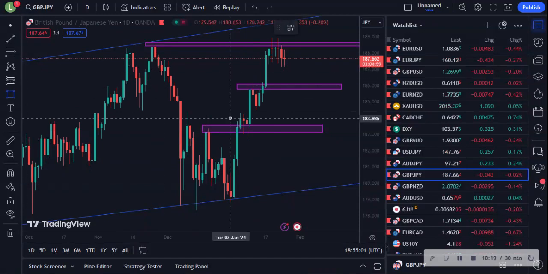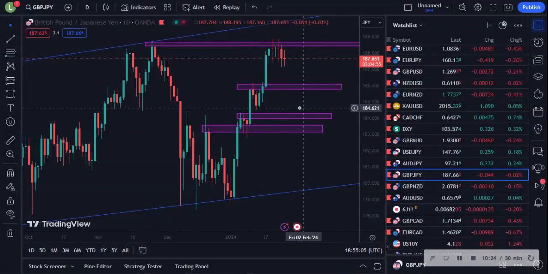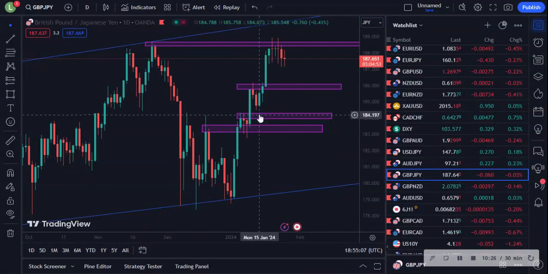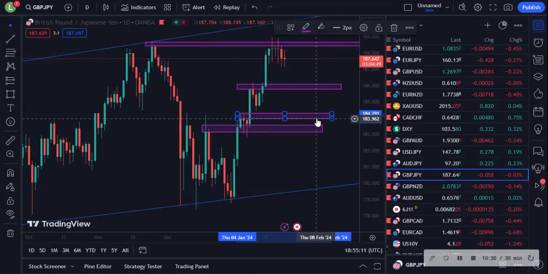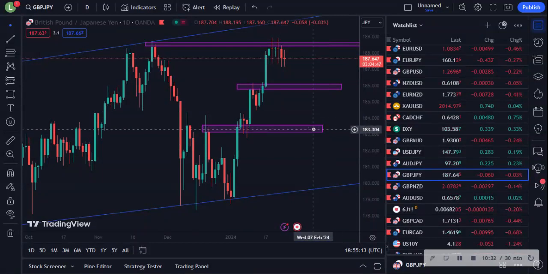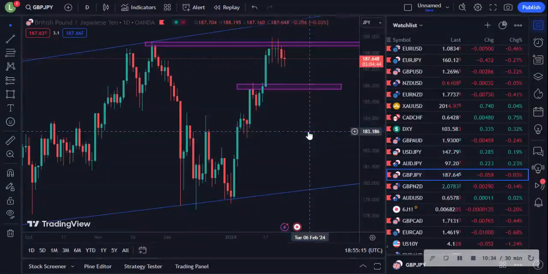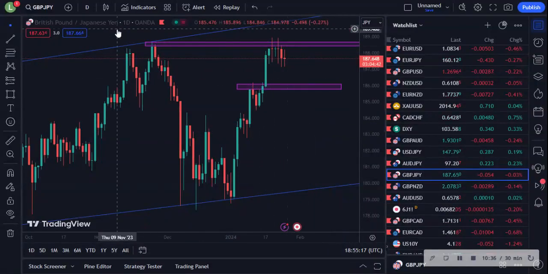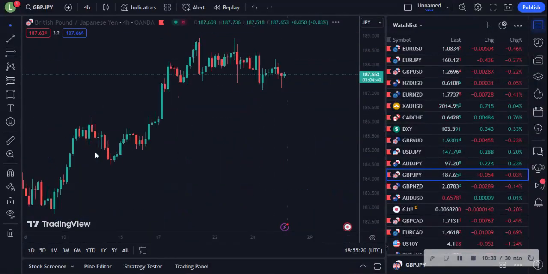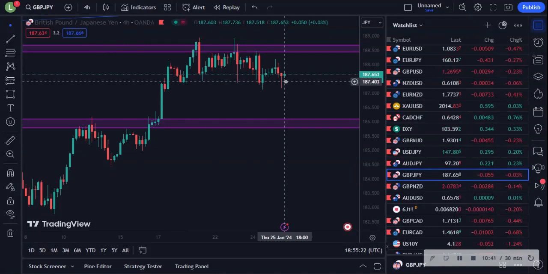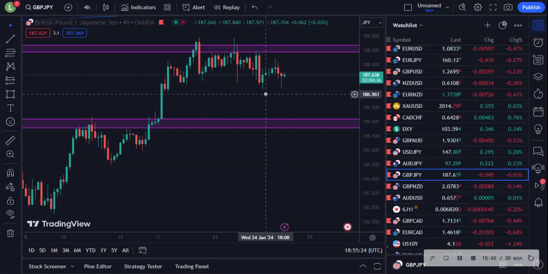If you look here, we didn't actually properly retest this level before we continued. And we haven't properly retested this recent one that we broke either. But we have formed support at the 187.5 level pretty much.